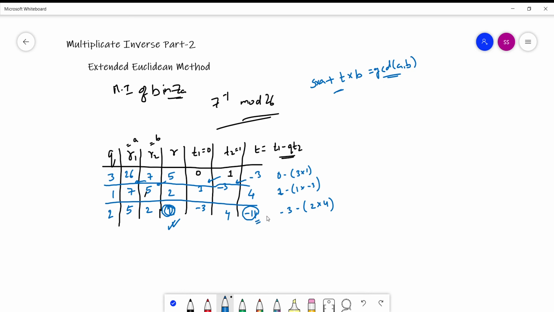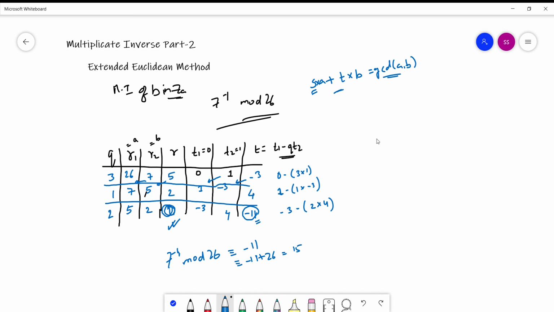If you see the extended Euclidean method, you will get this S value as well, but we are using it only for finding the multiplicative inverse, so we are not finding S here. As per this example we got minus 11, so we can say that 7 inverse mod 26 is equal to minus 11, or equal to minus 11 plus 26, that is 15.